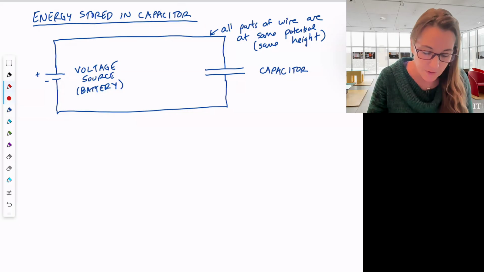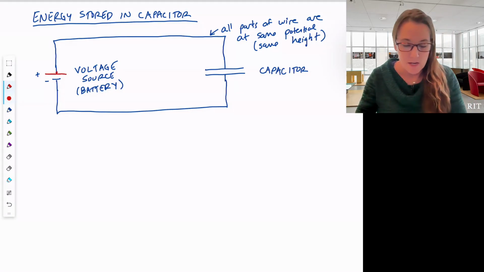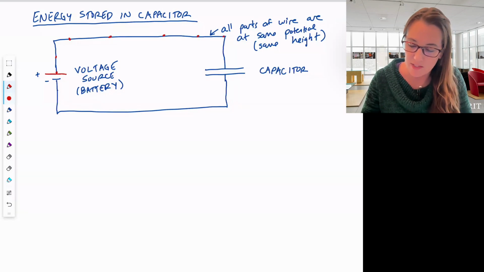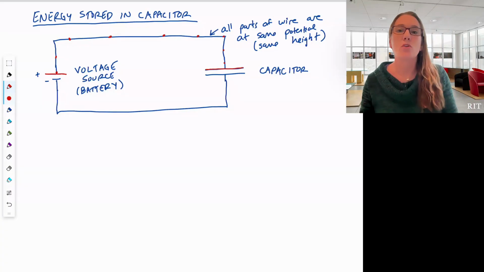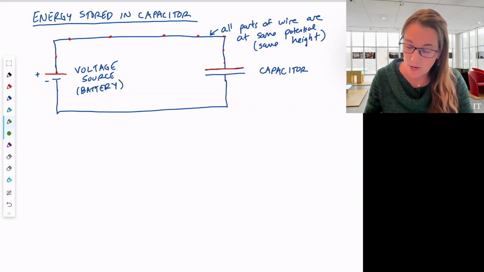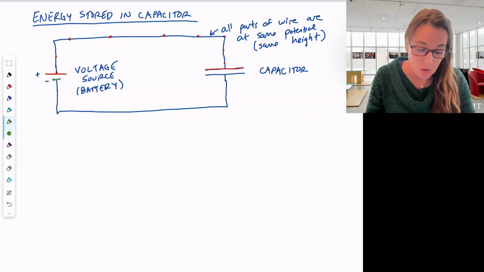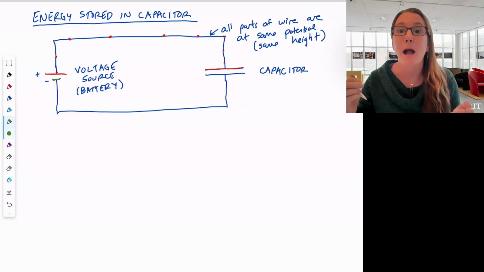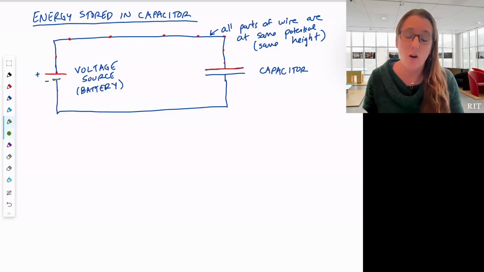So if I have some amount of voltage over on my positive side, then all points along this wire have that same potential. So that would be the potential on the top plate of my parallel plate capacitor. And likewise, now I have the opposite voltage on the negative side of my battery or my power supply. Very often that's the grounded side that's at zero, but not always.